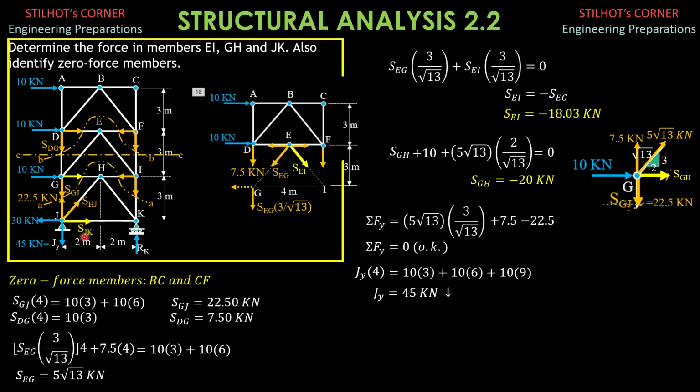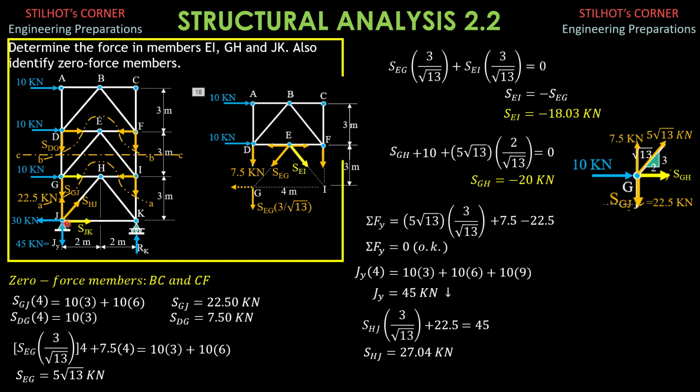So to solve for SGJ, we solve for SHJ first by summing up forces vertical at joint J. So SHJ times 3 over square root of 13, the vertical component of SHJ, plus 22.5, then equals 45. SHJ therefore can now be solved. It is equal to 27.04 kilonewtons.